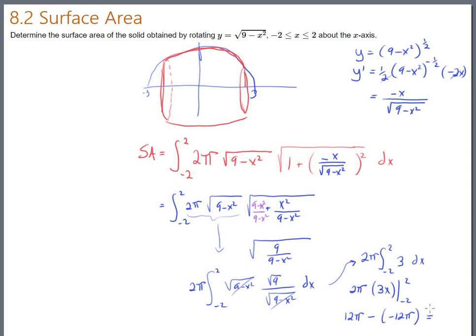And the surface area of our pitted olive that we had up here is 24 pi. So we need exactly 24 pi square units of paint to paint the surface area of this thing. All right, we'll look at one more example in the next video.